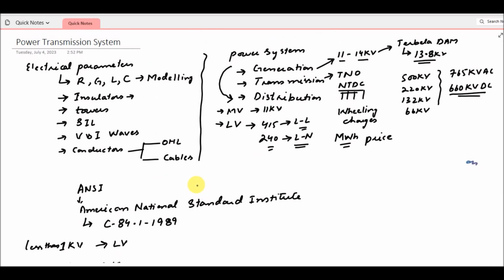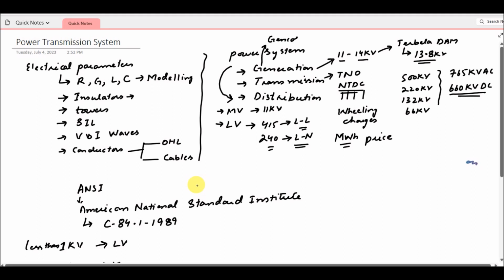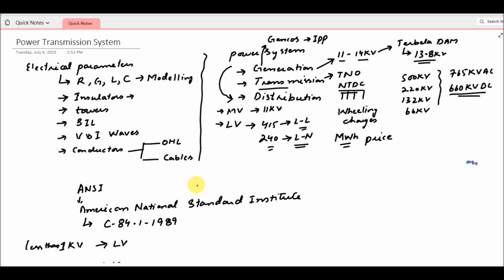If we come back to generation, there are different generation companies, GenCos, that are producing power, and there are some independent power plants as well in Pakistan. In transmission, we only have NTDC, and for distribution we have companies known as DISCOs, distribution companies. For example, LESCO, ISCO, PESCO.